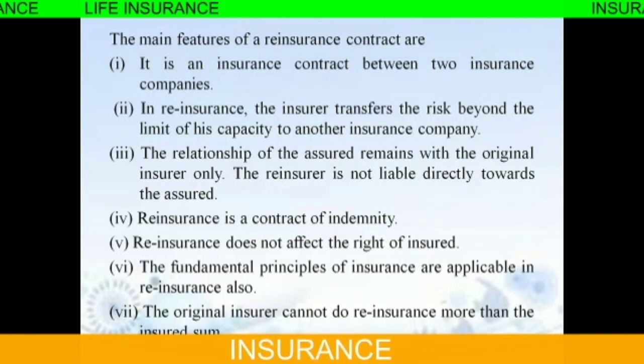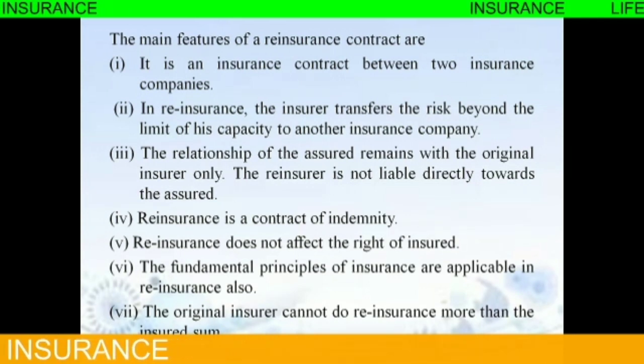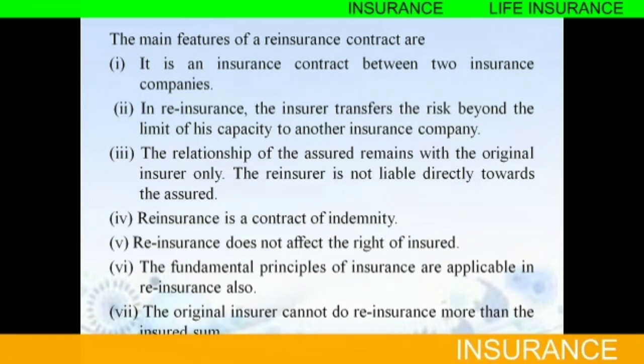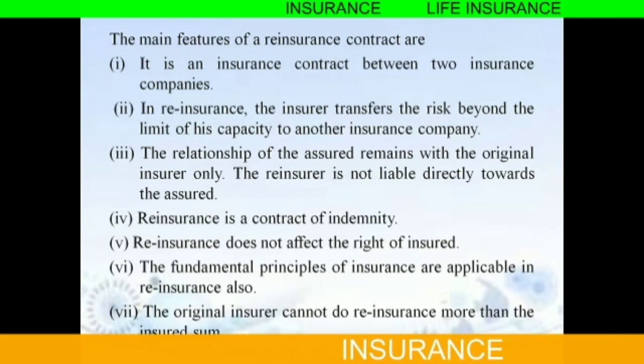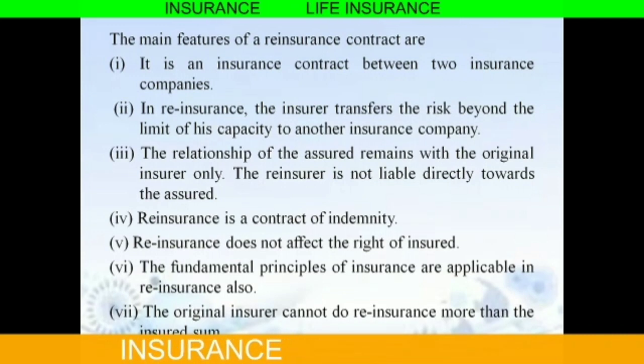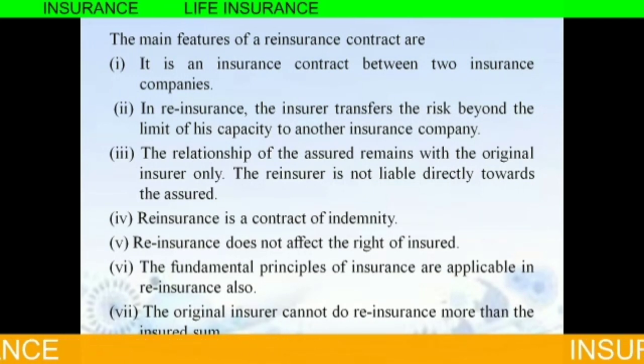Some of the features of a reinsurance contract are: it is a contract between two insurance companies. In reinsurance, the insurer transfers the risk beyond the limit of his capacity to another insurance company.